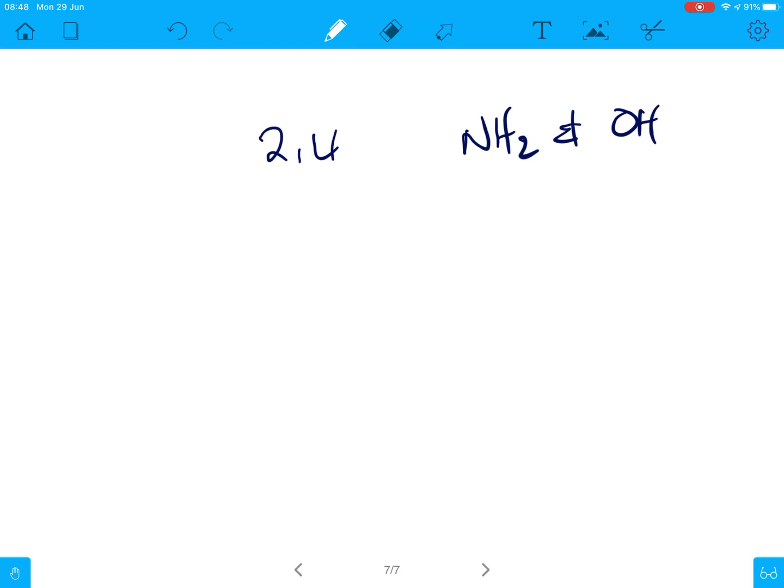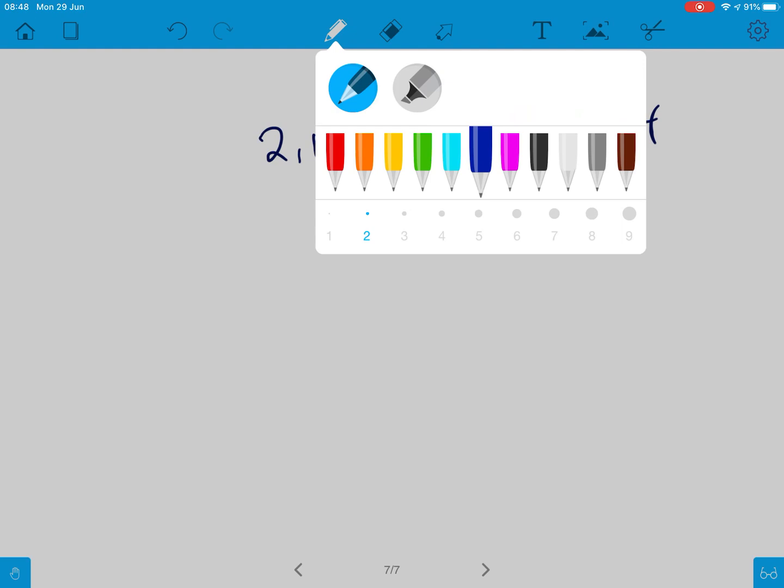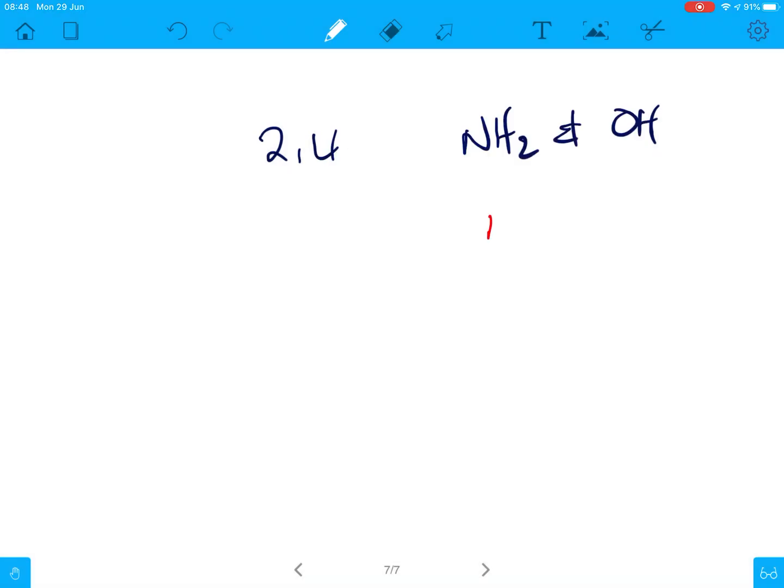And the other group you need to know about is the nitro group, NO2, and that directs to carbon 3. Okay, and all you're going to do is use either this group or this group to direct where you need to be directed to, and then reduce as and when.